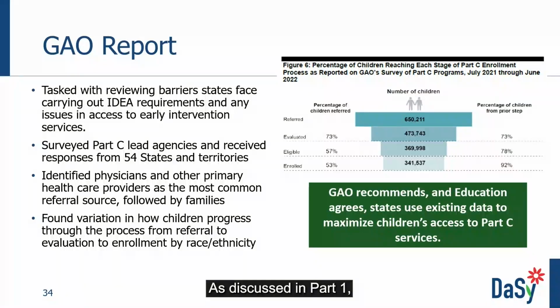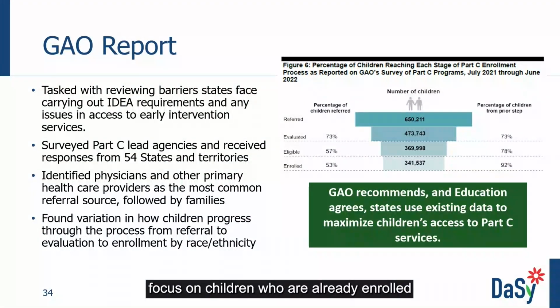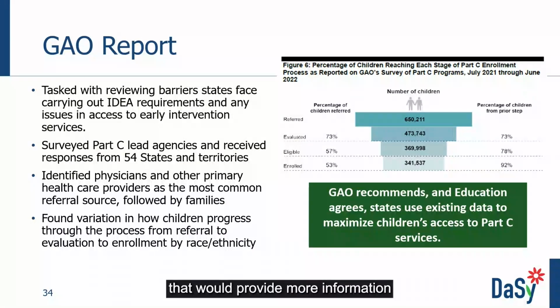As discussed in Part 1, the Part C data collections for child find focus on children who are already enrolled, and IDEA does not currently grant the Department of Education the authority to require states to collect and report data on children prior to enrollment that would provide more information about those who are referred, evaluated, and found eligible for services.